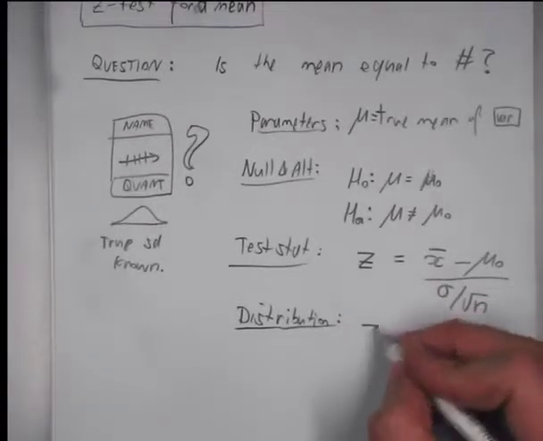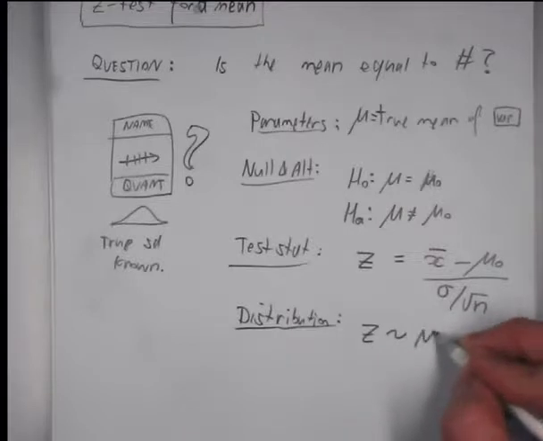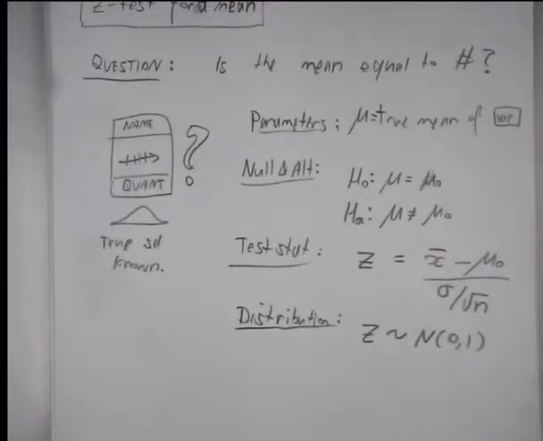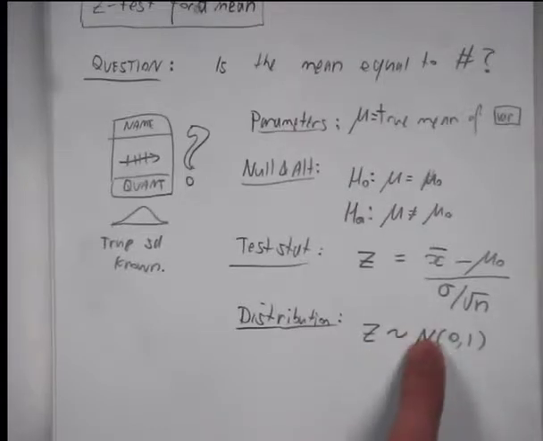So Z is distributed according to a normal distribution with mean 0 and standard deviation 1. Okay, so I said that aloud. This is just shorthand maths for what I said aloud. Z is distributed according to a normal distribution with mean 0 and standard deviation 1.